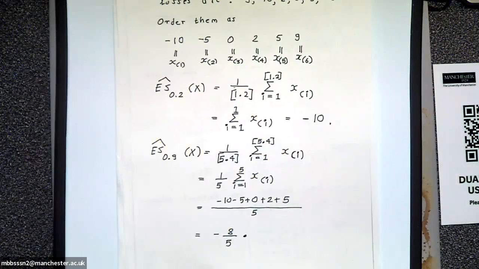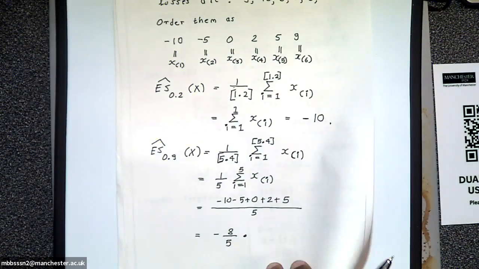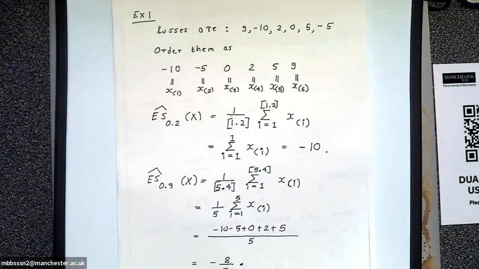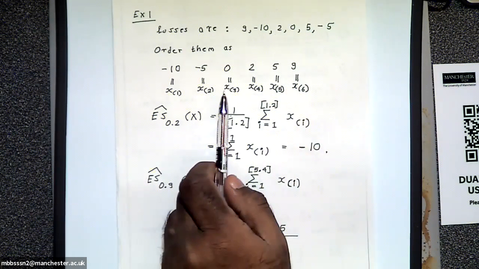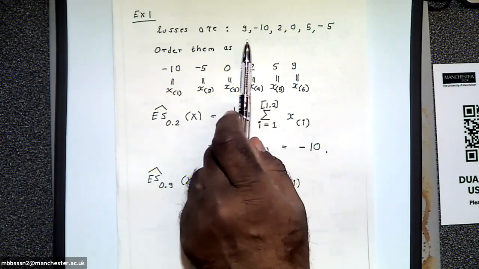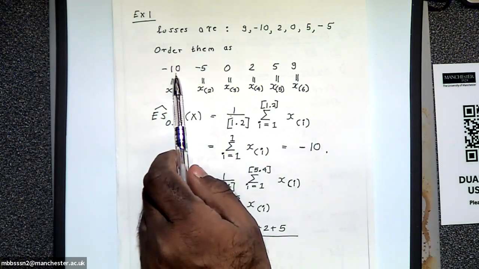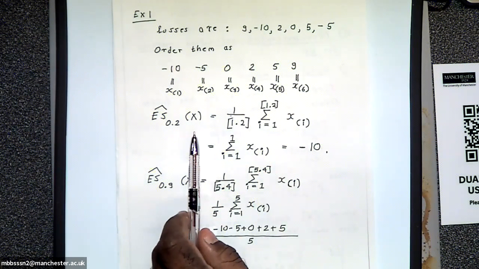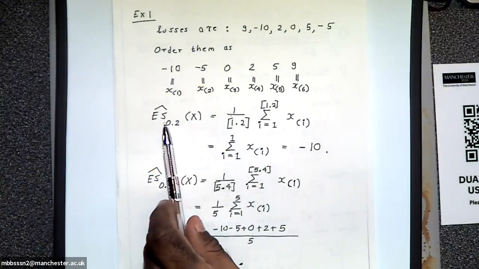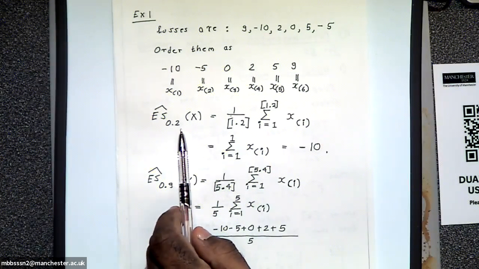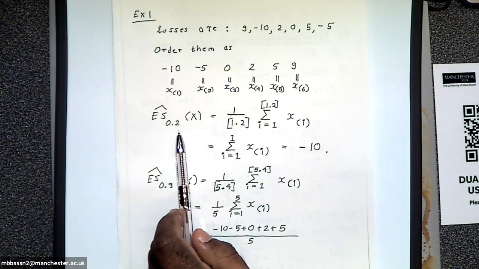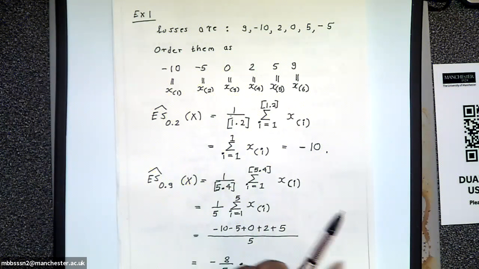So I've done some example here, like if you look at this example, so you have these losses, right? And so the first thing you need to do is to arrange the losses in increasing order. So this is the smallest and this is the largest. So if you want to find expected shortfall at 0.2, first you will compute n times p.